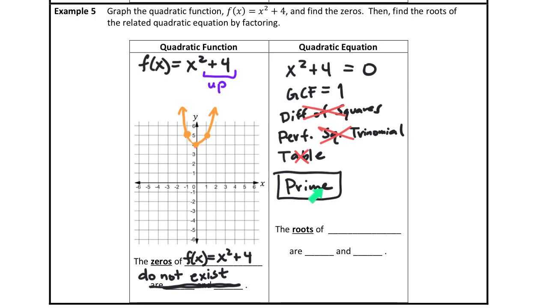So if it's prime, prime would mean that it cannot be factored. So if this equation x squared plus 4 equals 0 can't be factored, then we can't find solutions to it, so there are no solutions.